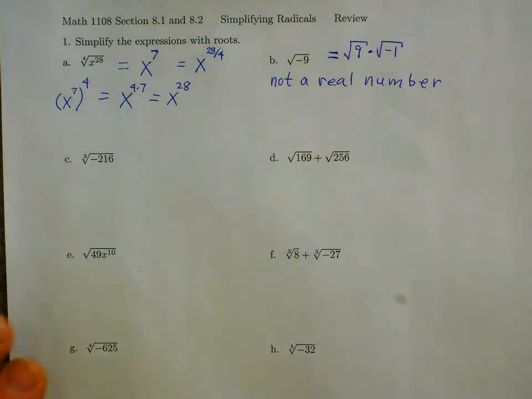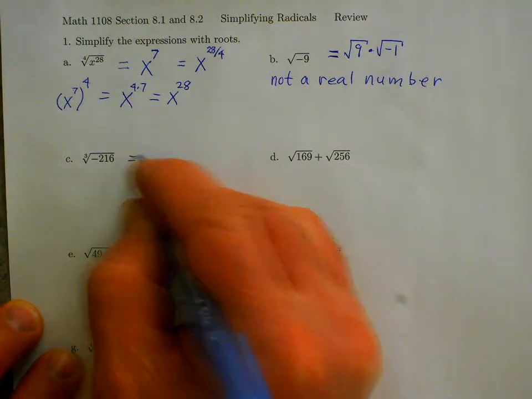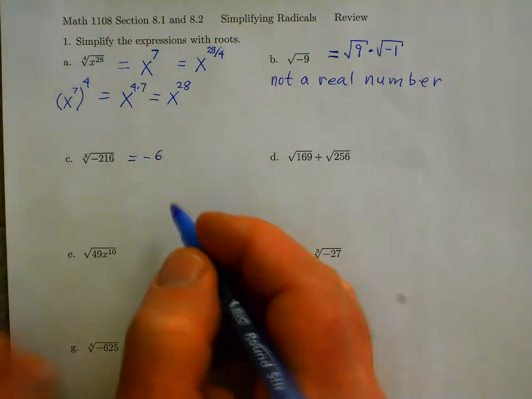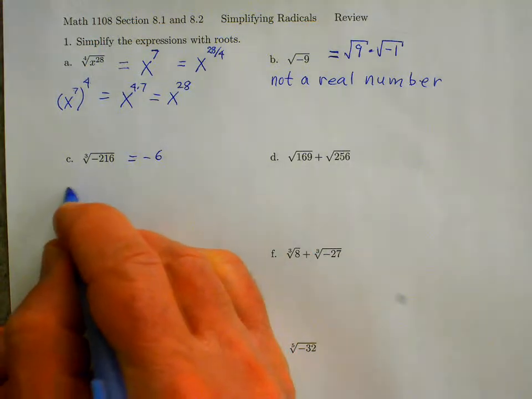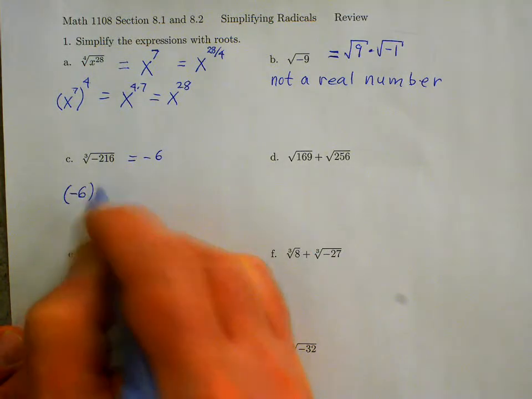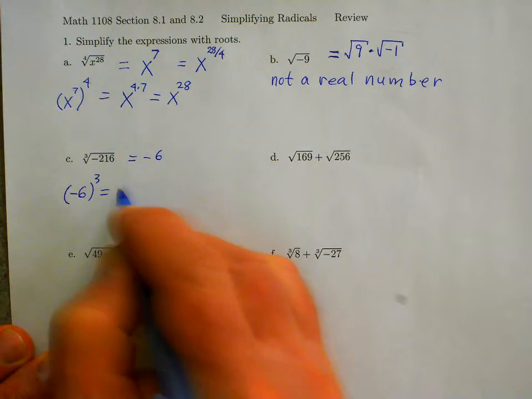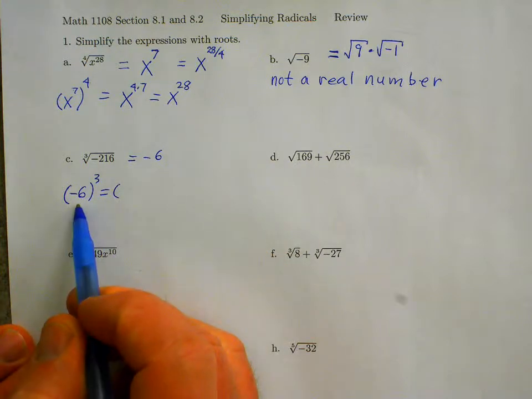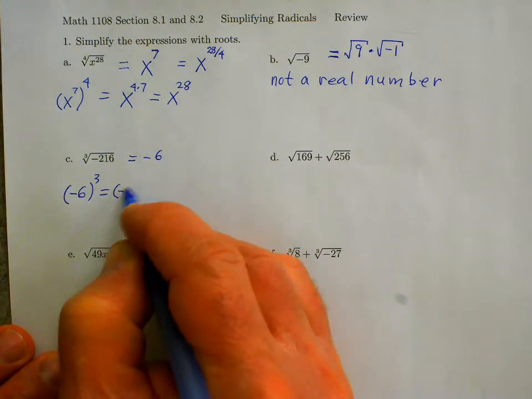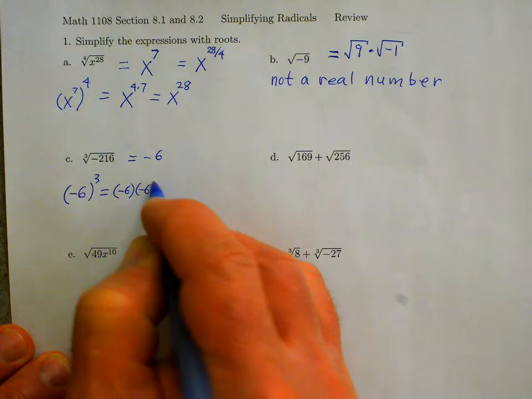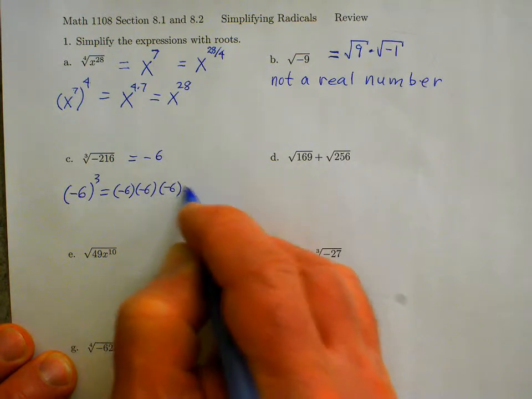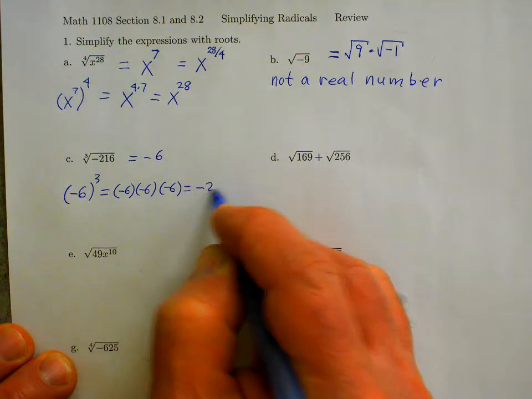Yeah, the answer is negative 6. In the reverse order, if you raise the number negative 6 to the third, which means, since we have negative 6 in parentheses, it means negative 6 times negative 6 times negative 6, which is negative 216.